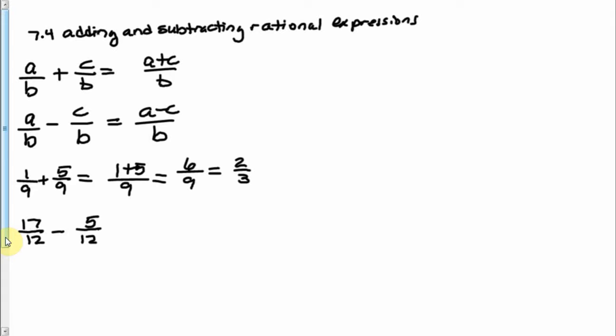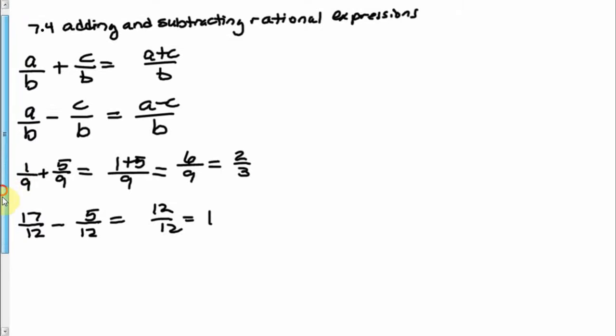Very seldom do you do that. The higher in math you go, the less mixed numbers you see. You use mixed numbers mostly in cooking, like recipes, or if you're measuring things, like 6.5 feet, that sort of thing. All right, so 17/12 minus 5/12 is 12/12, which reduces to 1. That's a ratio of 1, right?